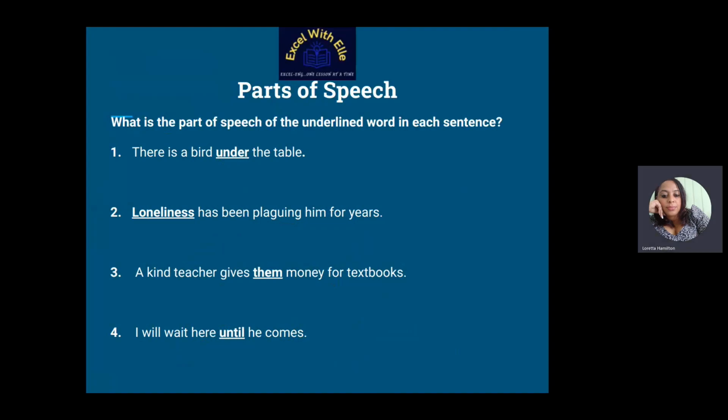It shows how two words in this sentence are related, how they're linked, how they're connected. And these two words are two nouns, bird and table. Now, if you were paying attention to what I was saying a while ago, you would remember me saying that a preposition is a word that is used to link two words in a sentence. So therefore, the part of speech here is preposition.